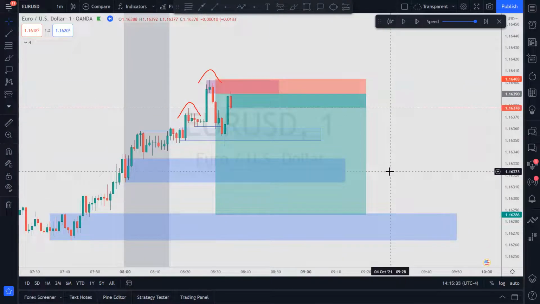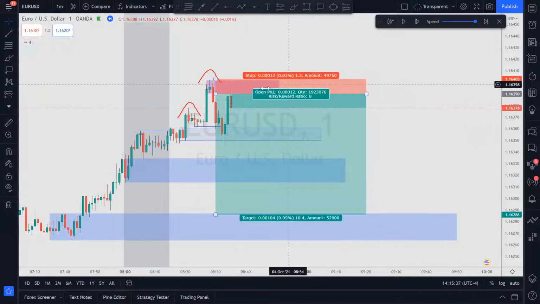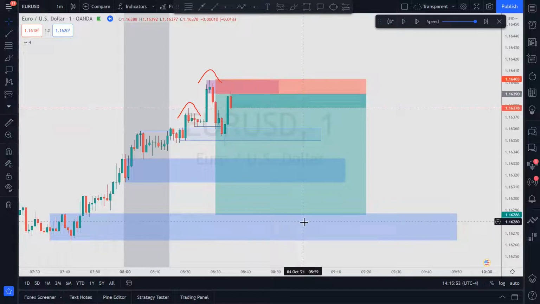I make it a practice to not touch my stop loss and move it to break even. Too many times price will go to 1-to-1, and then it'll come back. You'll say, oh, 1-to-1, I'll go to break even. No, because it'll come back and knock you out and then continue in the direction of the trade.